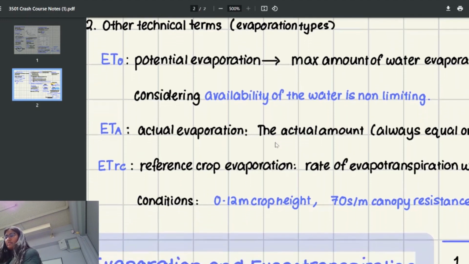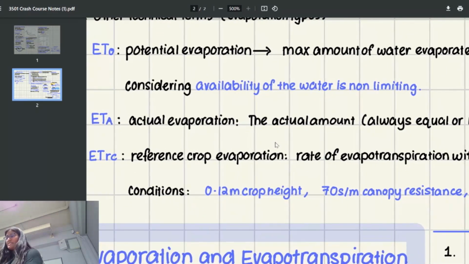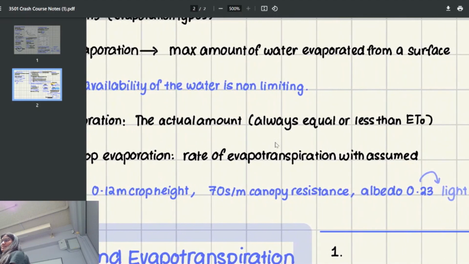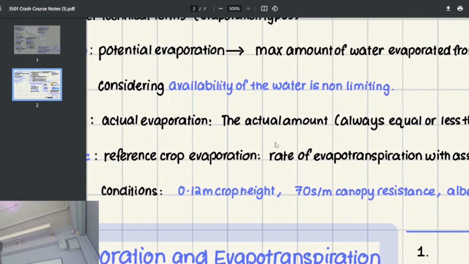The actual evaporation is very similar: if you're estimating in the same area, it's the amount of evaporation that you actually measured. So not the maximum, but always equal to or less than the potential evaporation.